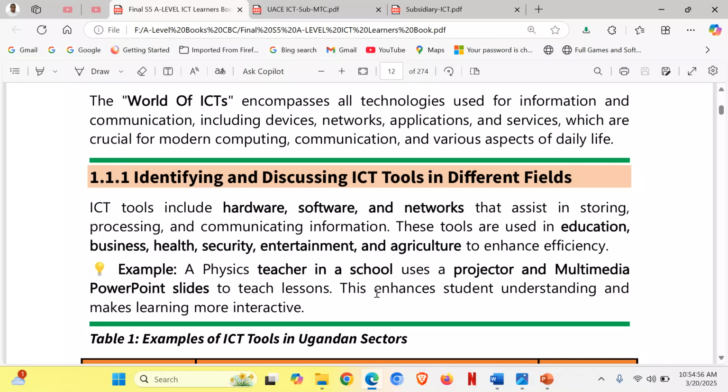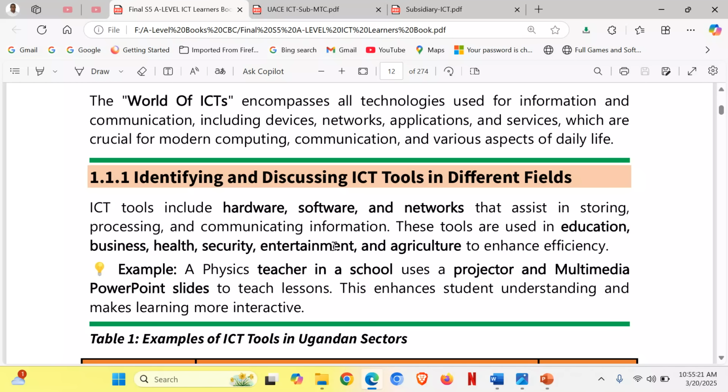So 1.1.1, identifying and discussing ICT tools in different fields. So here we are bringing an introduction. ICT tools include hardware, software, and networks that assist in storing, processing, and communicating information.